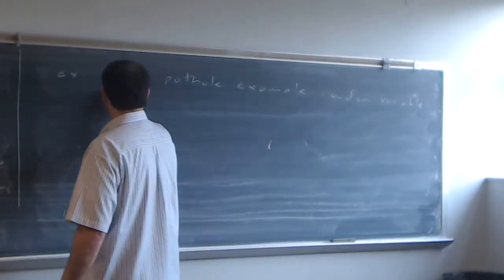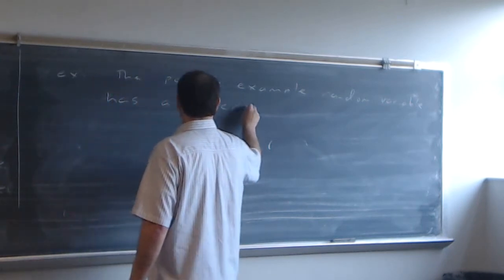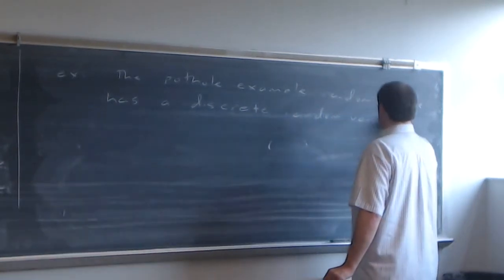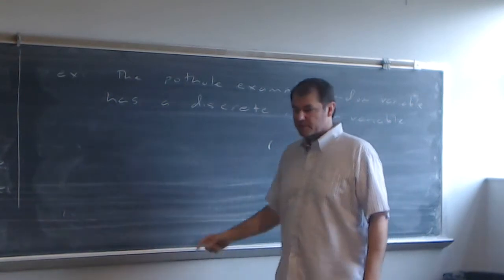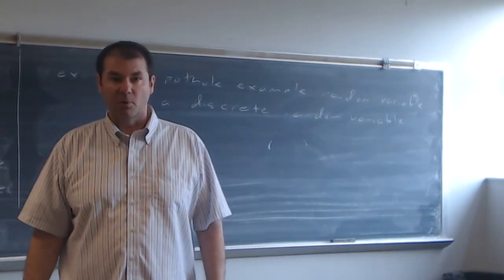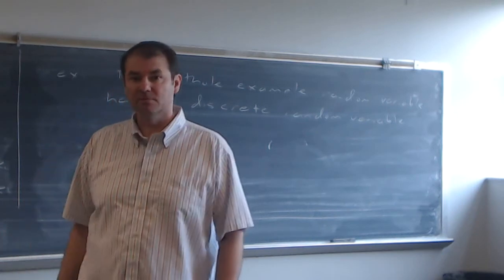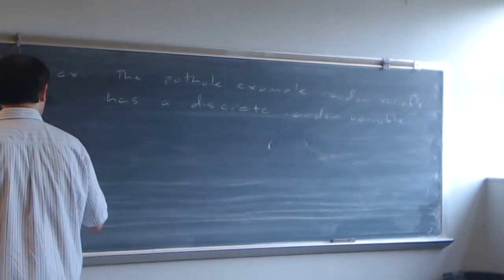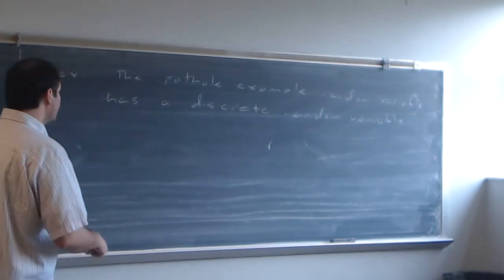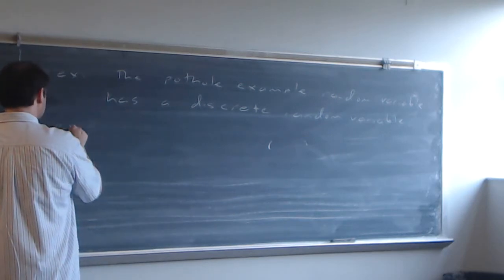That is a discrete random variable. There could be any number of potholes there. Maybe there's a billion within that 1 mile. Maybe there's a trillion. Go all the way up to forever. But the number of potholes is a natural number. So that is a countable random variable, so it's discrete.